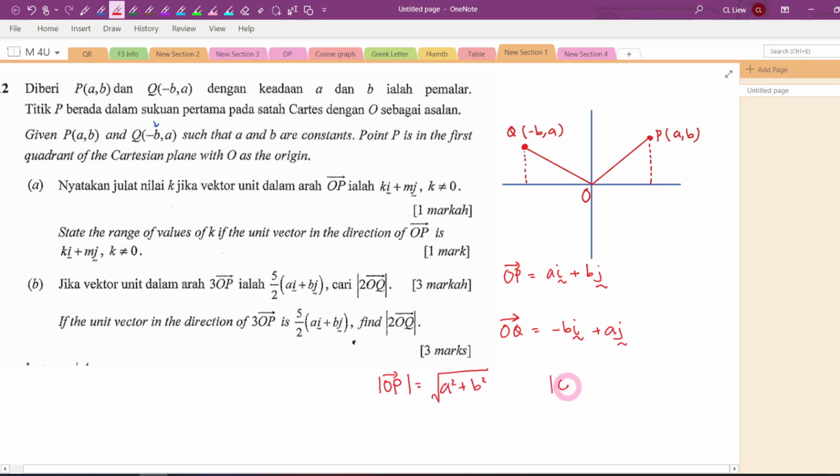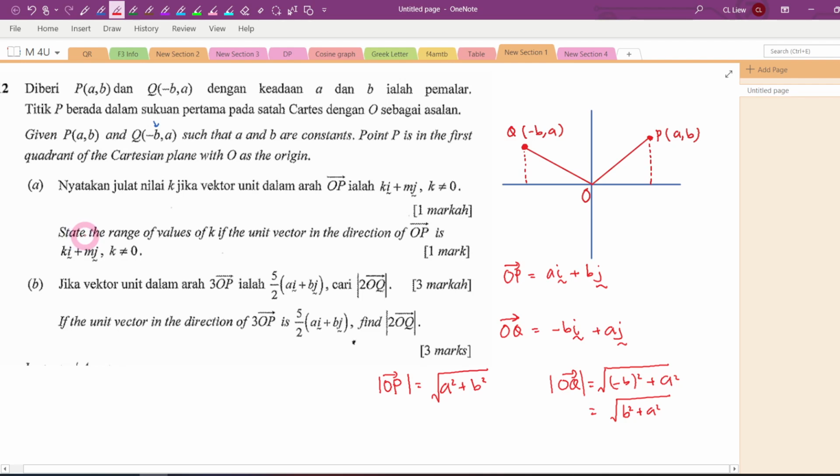How about the magnitude of OQ? It is equal to the square root of negative b squared plus a squared, right? Negative b squared is actually equal to b squared. Now you can see that OP and OQ have the same magnitude.